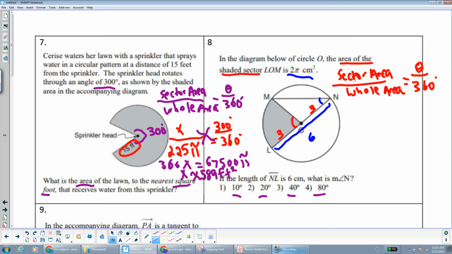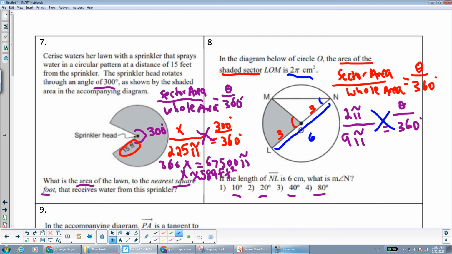So the sector area that we're given is 2 pi centimeters squared. The whole area of the circle is pi r squared, so that's 9 pi. And that's equal to the central angle, which we're solving for, over 360. So I'm going to cross multiply and solve for the central angle.